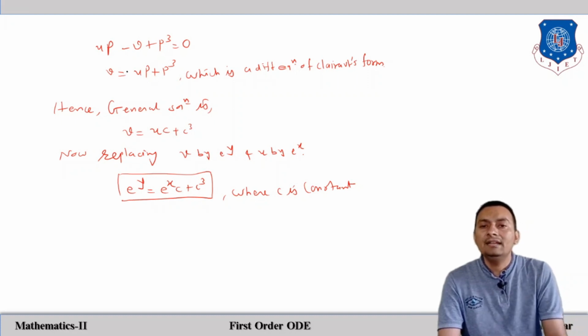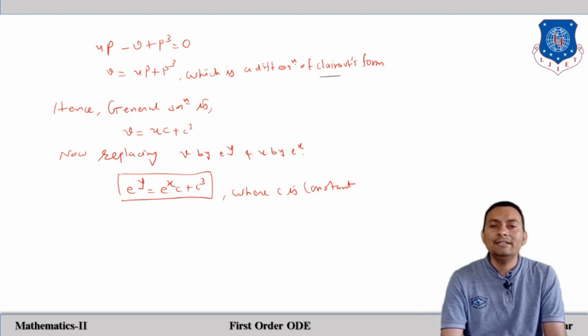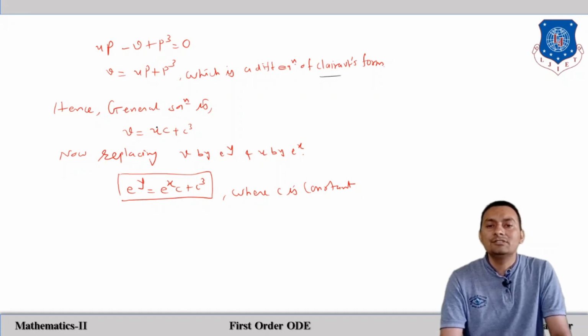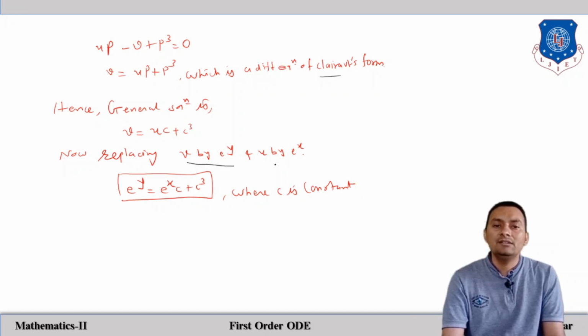So I can write v as the subject, so we can have uP minus plus P raised to cube, which is of the form of Clairaut's form, and therefore the general solution is given by v equal to uC plus C raised to cube. Now v is replaced by e raised to y and u is replaced by e raised to x, and substituting all these values we will have this equation, and this is the required solution.